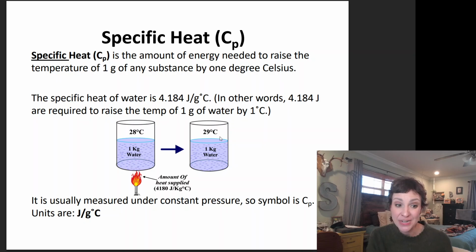But the units are joules per gram degrees Celsius. You're like, well, then why is the symbol for specific heat, which is an S for specific and an H for heat, why is the symbol C sub P? I agree, that is nuts. The reason, and I had to look this up, the reason why it's C sub P is that it is usually measured under constant pressure. So there you go. I guess we love that.